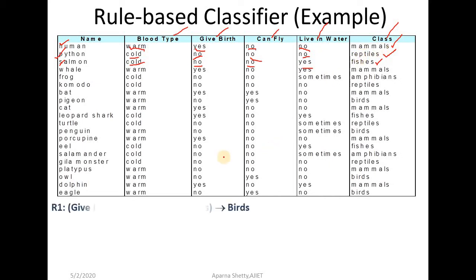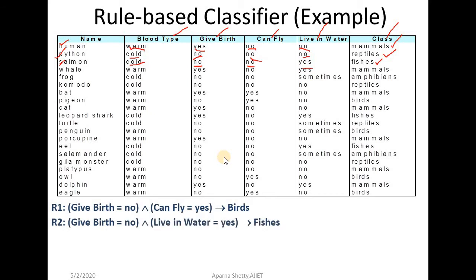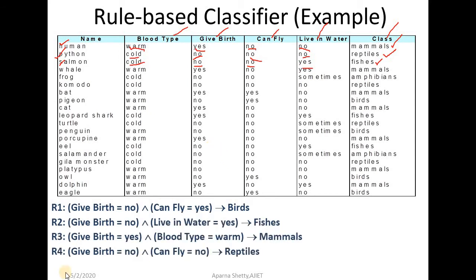For this data set, we have 4 rules. Rule R1: gives birth is equal to no and can fly is equal to yes implies birds.